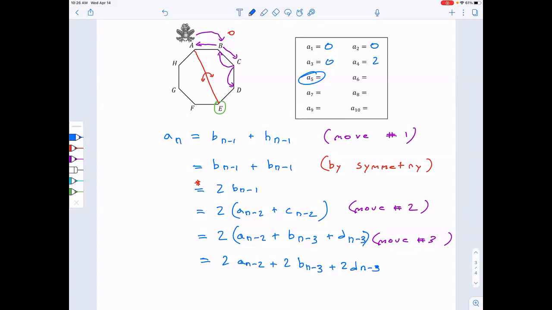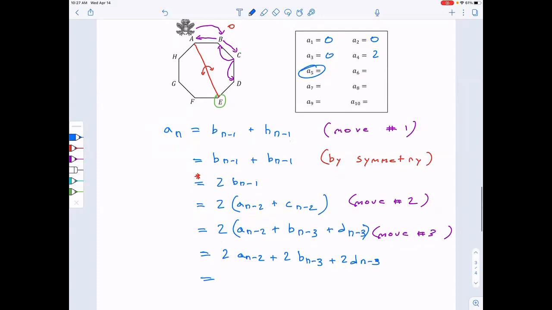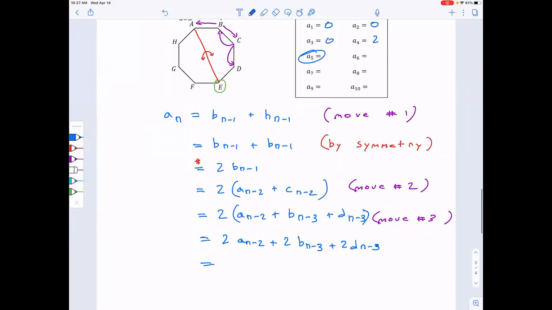Notice that this equality star says that twice the B sequence gives me the A sequence, right? Twice the B sequence gives me the A sequence. So we can go ahead and use star to change it back to A's. That's what we want. We want everything in terms of A.